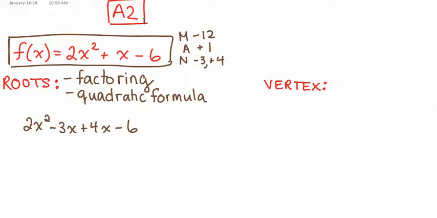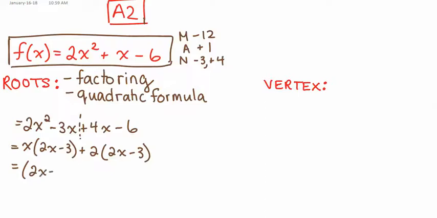And then I'm just going to common factor each half. So that's going to be 2x minus 3. And I can factor out a 2 from these ones, so 2x minus 3. And then since my brackets are the same, I can factor those out, leaving x plus 2.